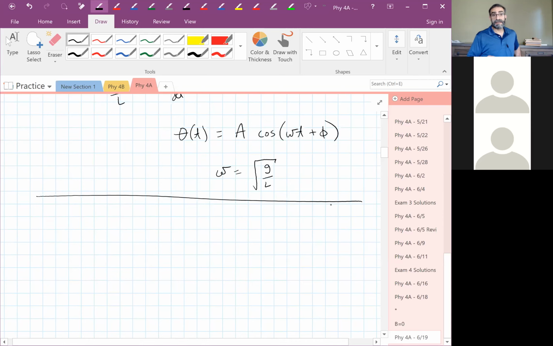Most of what we talk about is undamped oscillation. So, for example, a mass here moving up and down.